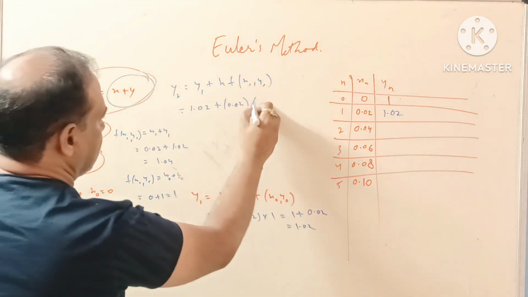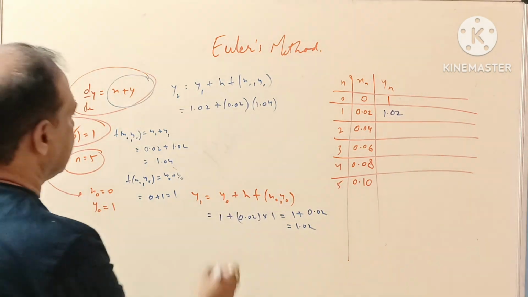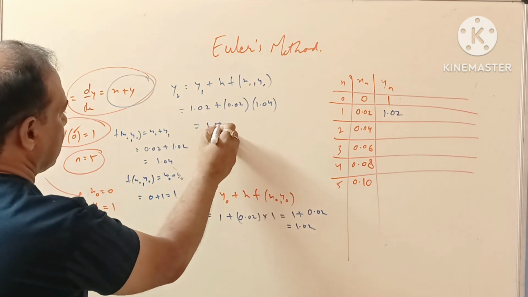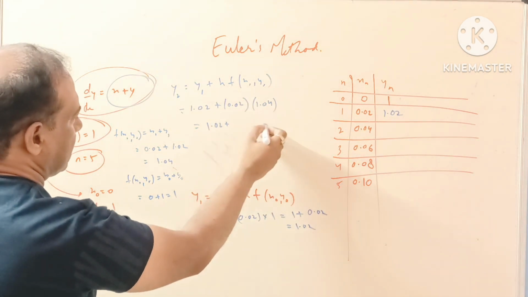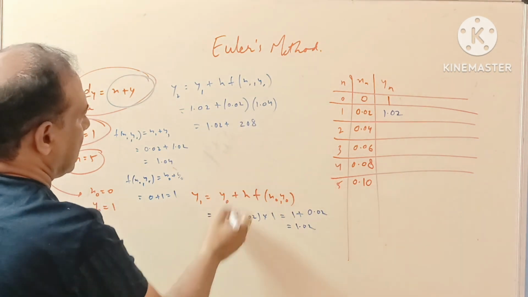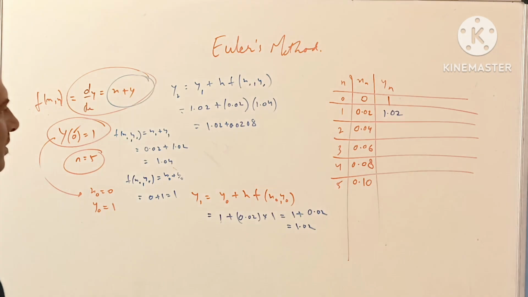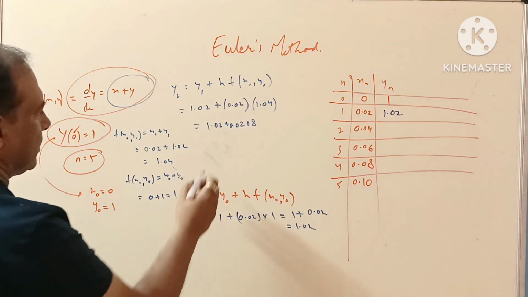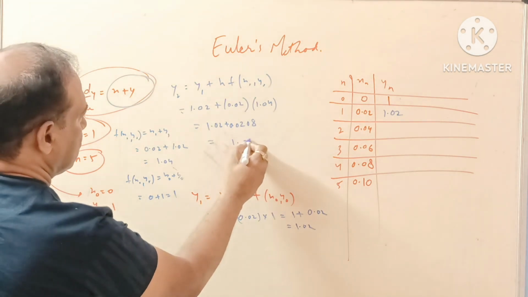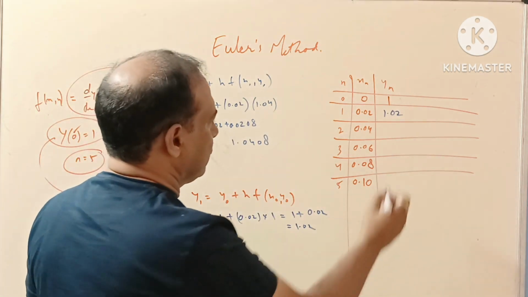Now you have to do all of the calculation here. It is 1.02 plus, if you multiply them, 0.02 times 1.04, you have to put the zeros because you have four numbers after the point. Now it equals 1.0408. This is the value for y2, 1.0408.